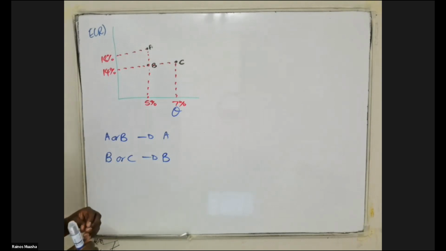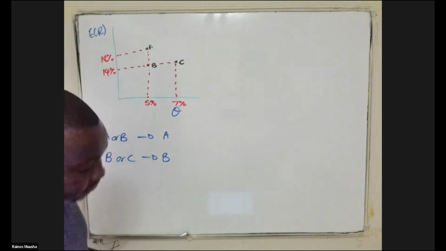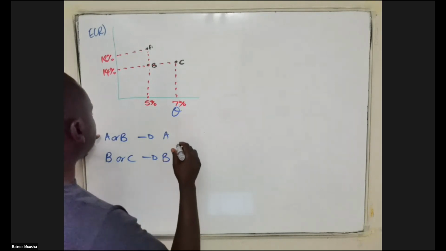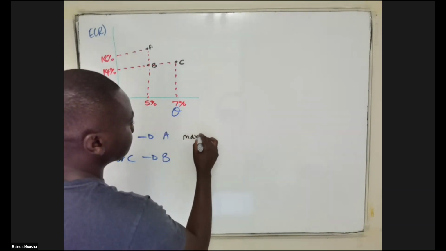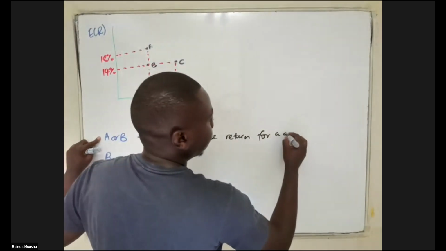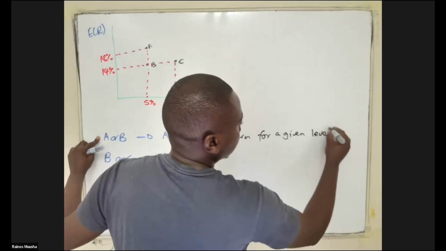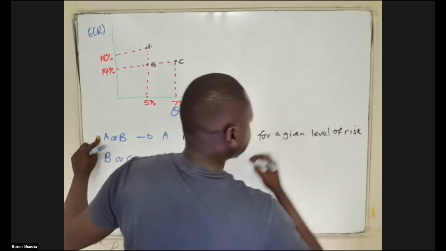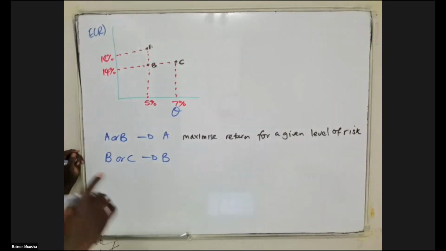So that's basically, when you look at the relationship between risk and return, this calculation is trying to demonstrate to us something: that under normal circumstances, a rational investor seeks to maximize the return for a given level of risk.